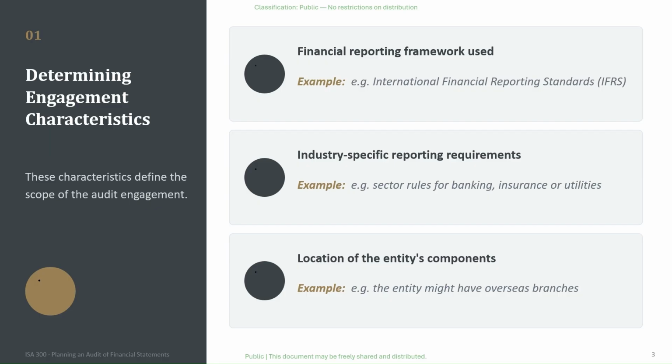And the third is the location of entities' components. For example, the entity might have overseas branches, which affects how auditors plan to gather evidence across locations. All three of these shape just how wide or how complex the scope of the audit is going to be.